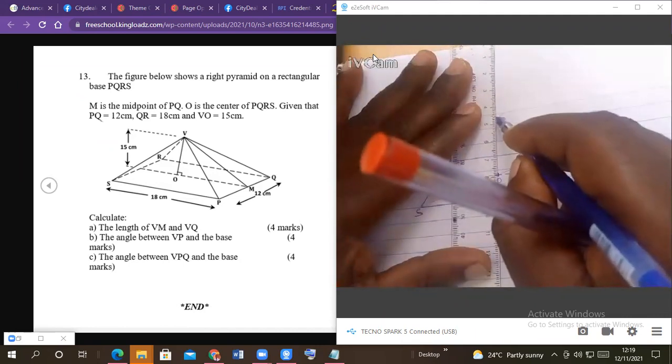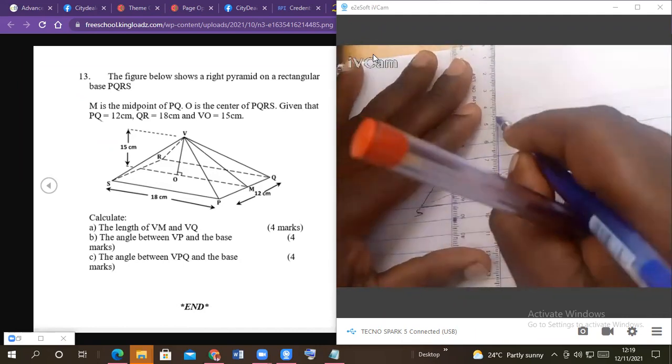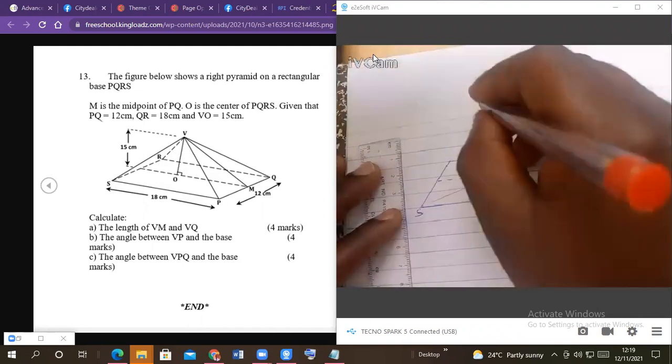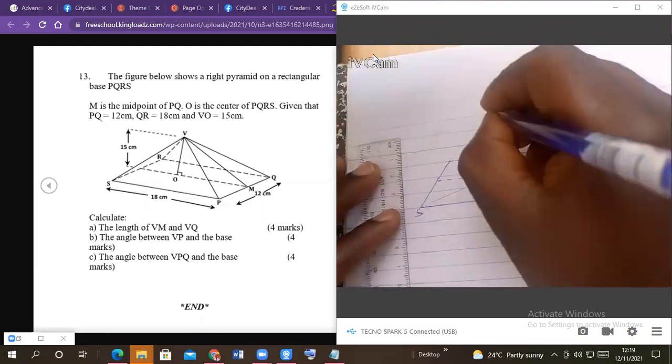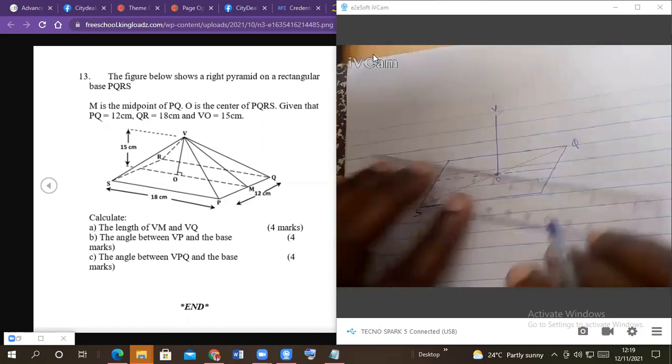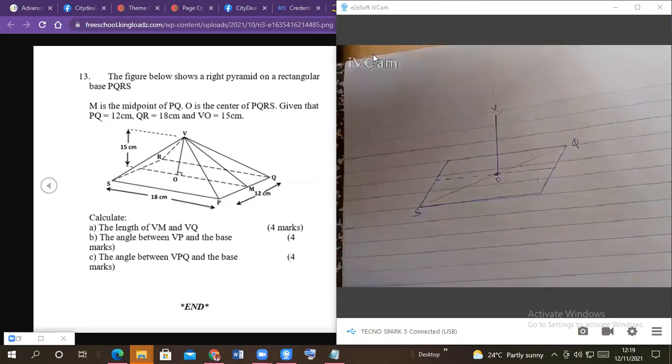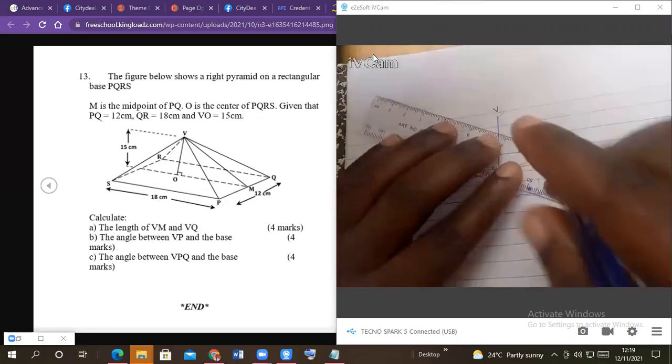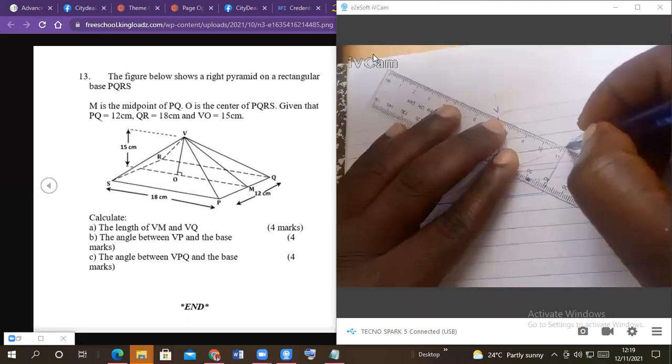So this time I'm going to make it short there. This is V. Then I want to find VQ, so I can join this to that.